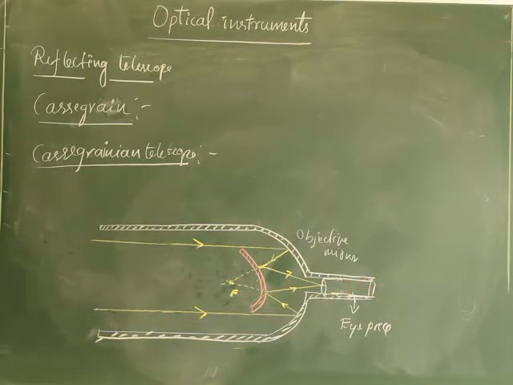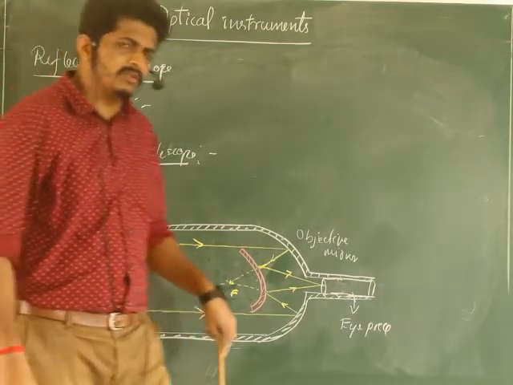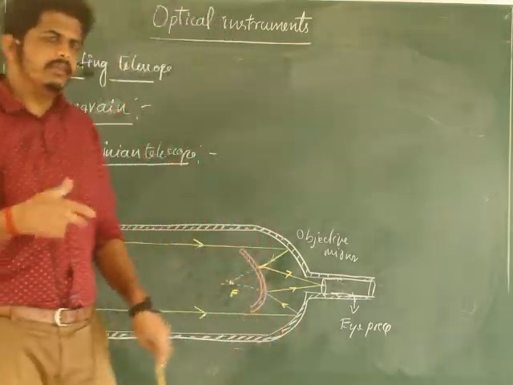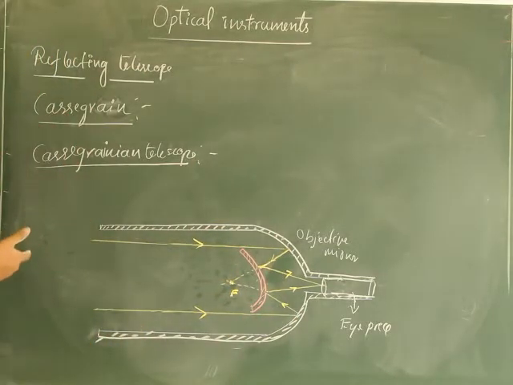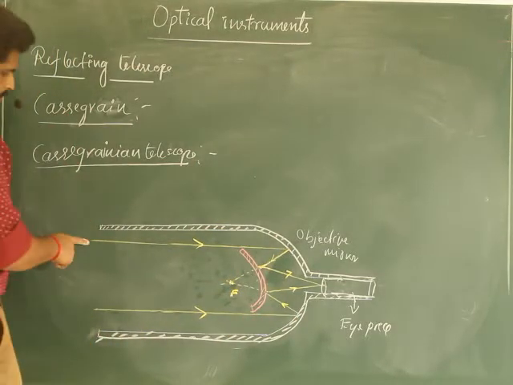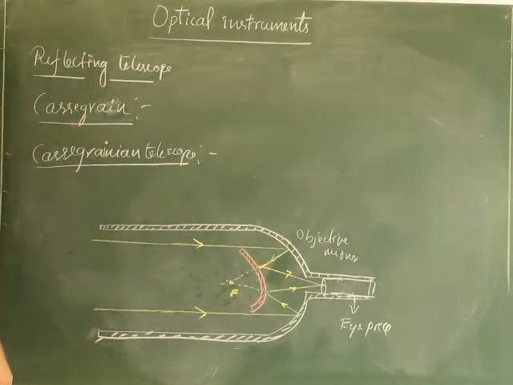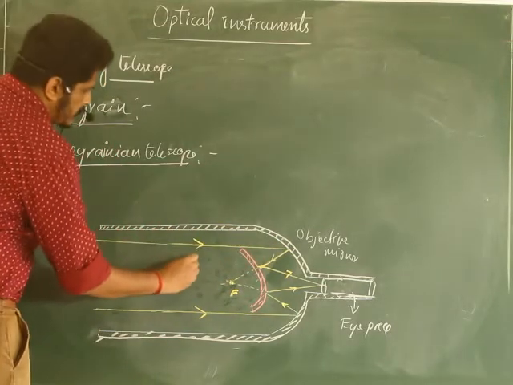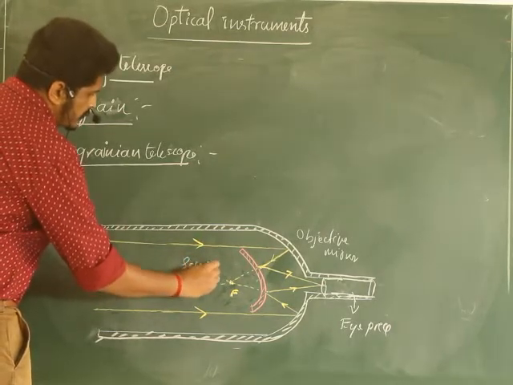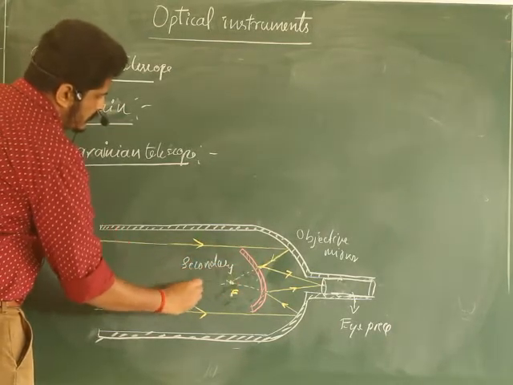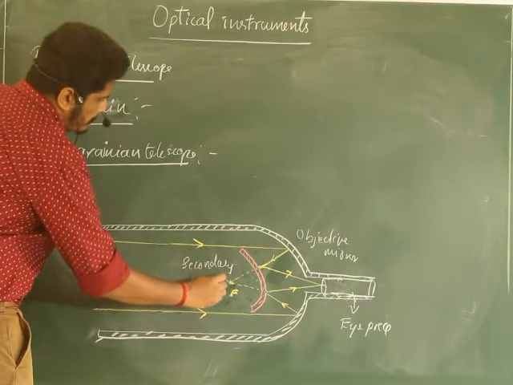So now from infinity, look at here, from infinity, two parallel rays of light I have taken. Why? Because minimum two rays are required for the formation of image. So two rays of light, once they are incident on the objective mirror. This is the secondary mirror. So I will write here, secondary mirror.